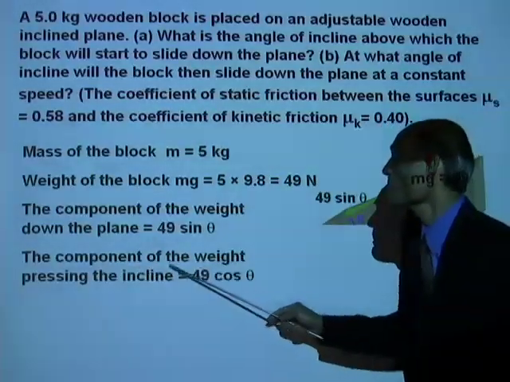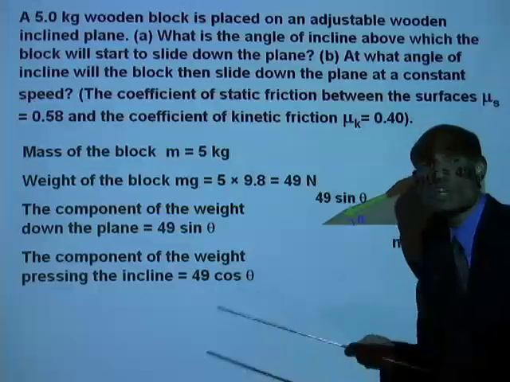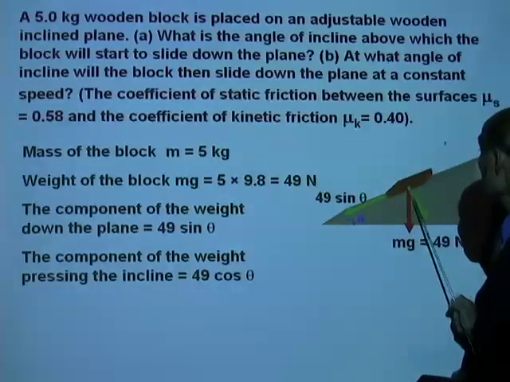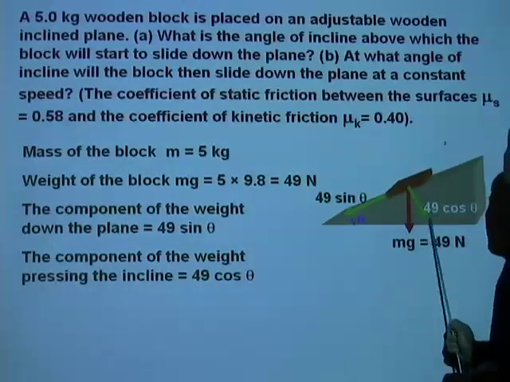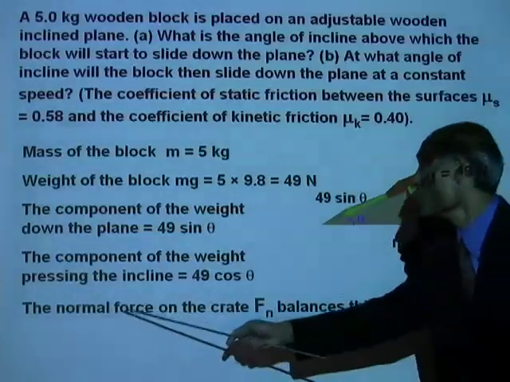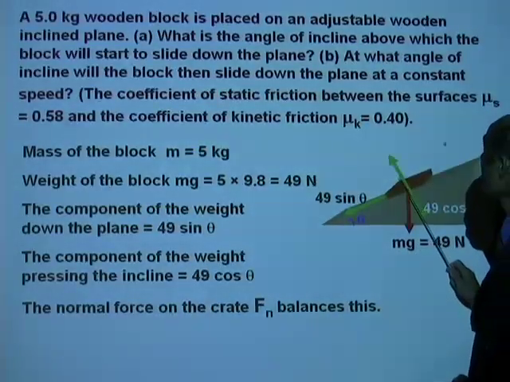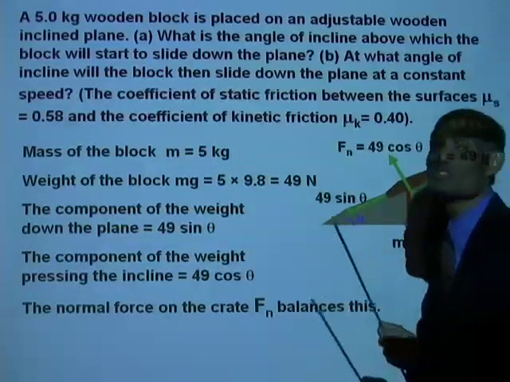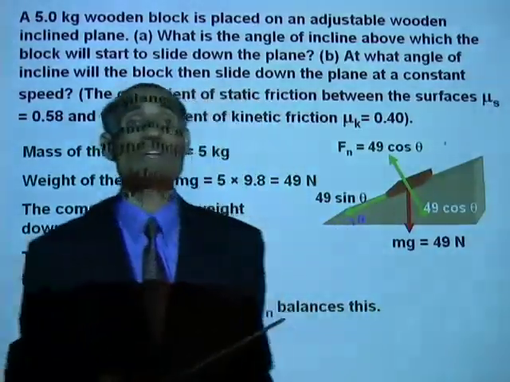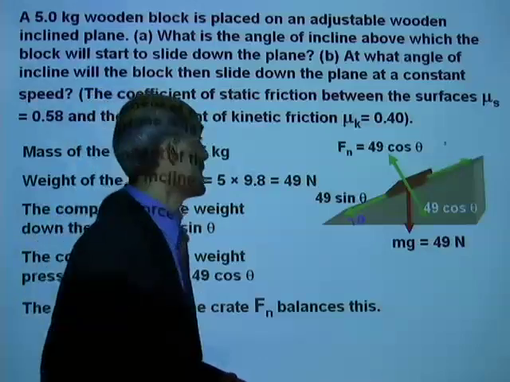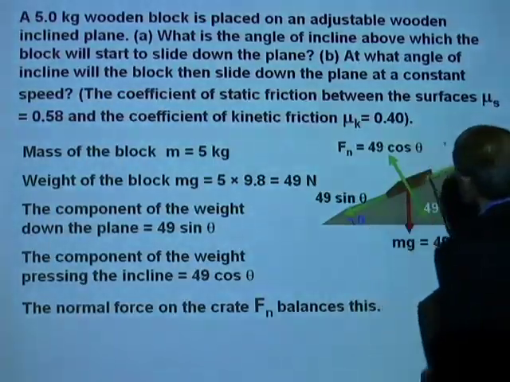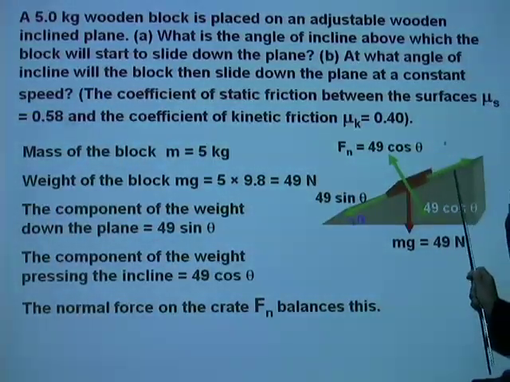Now, the component of the weight pressing on the incline, the normal force, is 49 cos theta. The normal force Fn balances this force. So Fn is the same, which is 49 cos theta. And now, what is the frictional force acting up the plane?